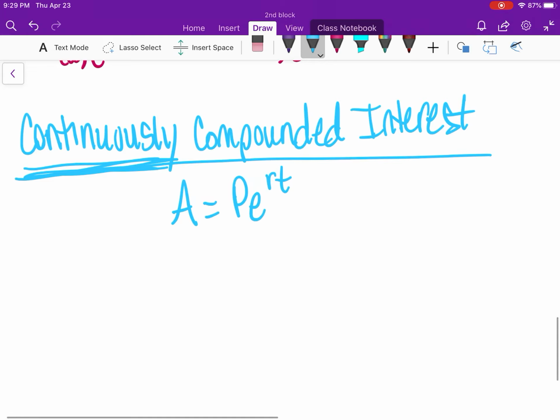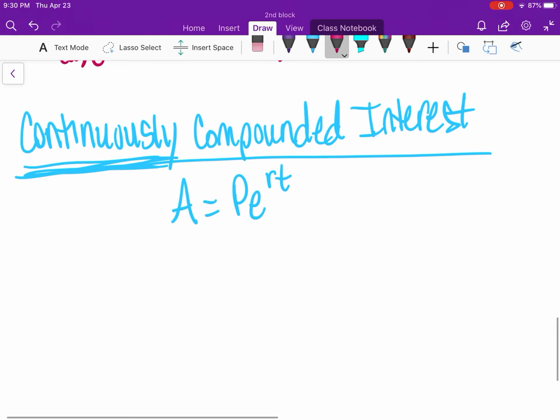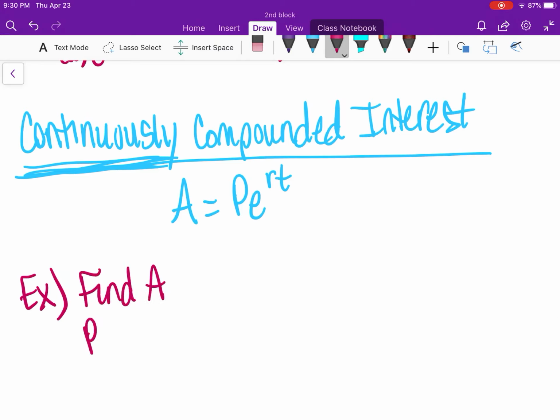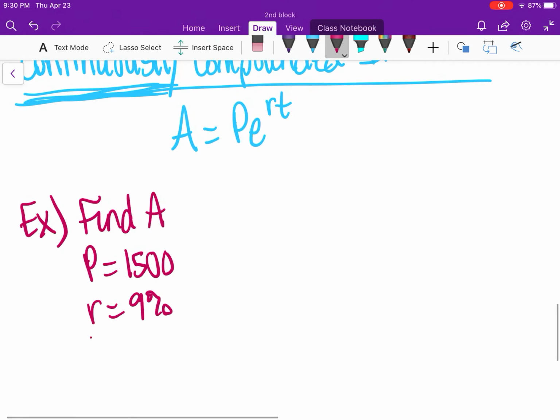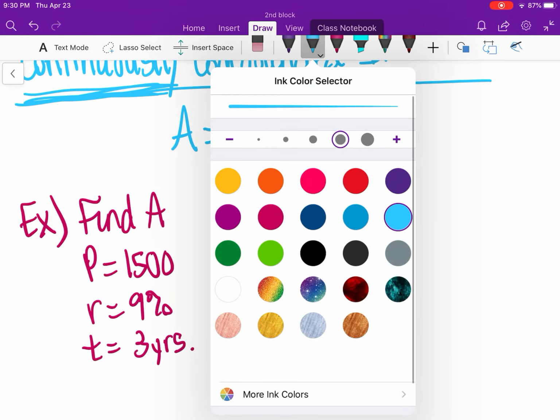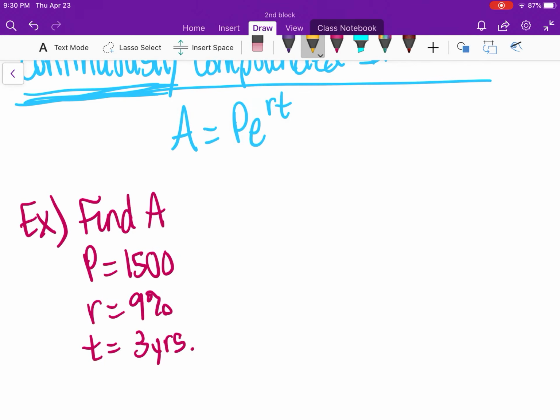So we're going to take that same problem that we saw earlier, where we want to find our A, and our P was 1,500, our rate was 9%, and our time is 3 years. So we're using the same numbers that we had before, only instead of our problem being compounded quarterly, we're compounding continuously, so we're using this formula.